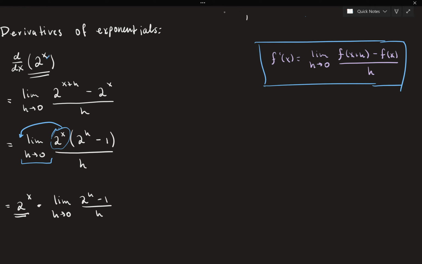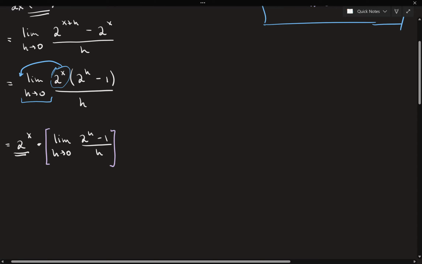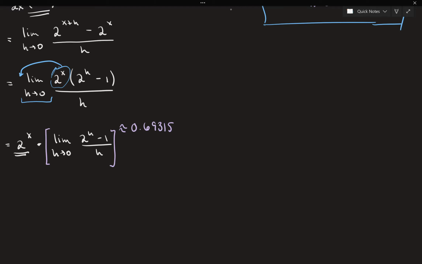This limit right here, if you graph this function that I'm underlining, you'll see the limit exists at 0. But as it turns out, there's not really a great way right now to evaluate it. So you could use a graphing calculator or approximation techniques to get a decimal out, and what you'll find is that this limit is approximately 0.69315. So that's just a decimal. It's not something we can evaluate right now.